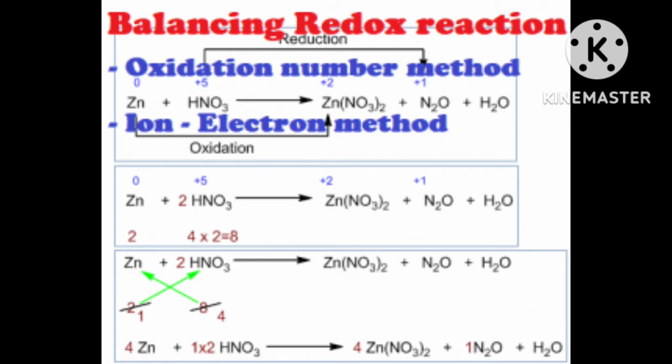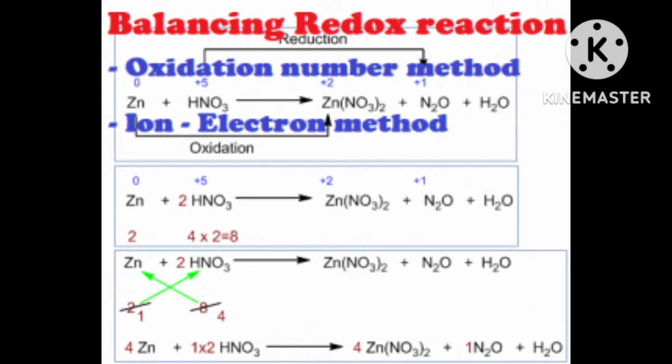You can calculate it, no problem, now you know how to calculate. Per atom chromium is +6, and oxygen you know is -2. This dichromate ion gives chromium ion Cr3+.